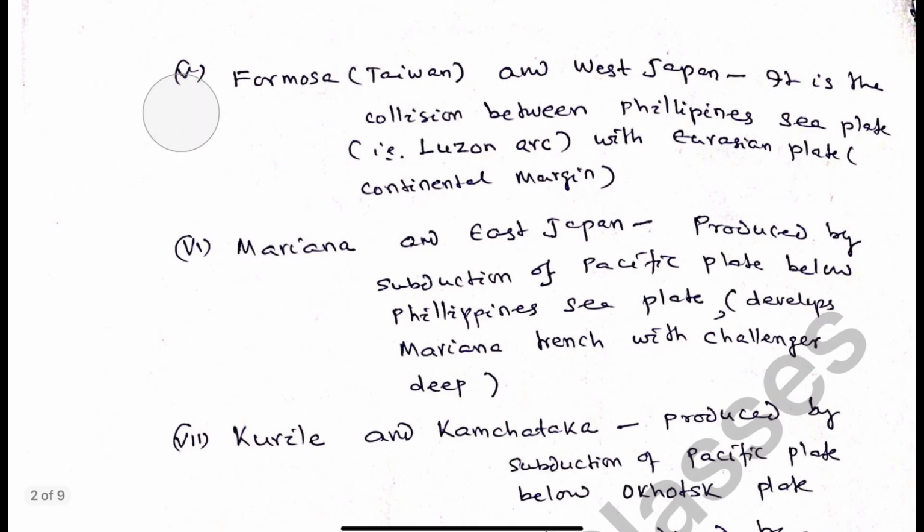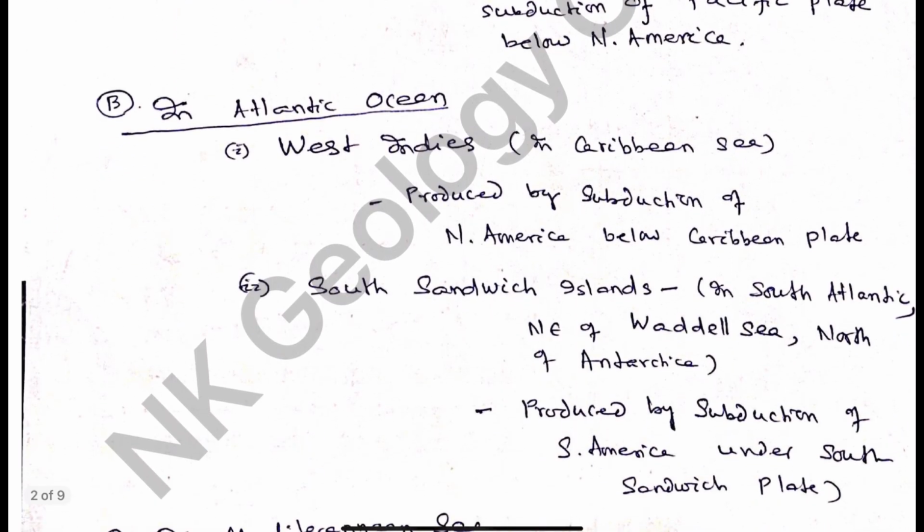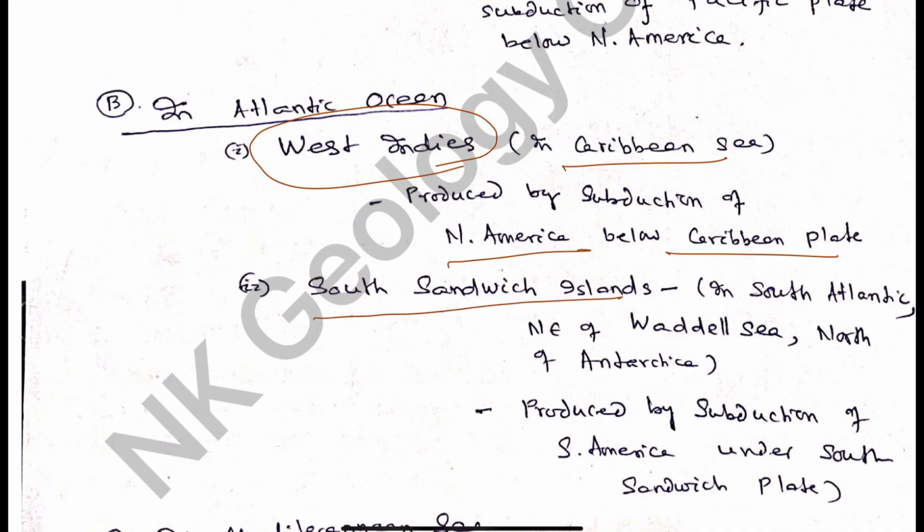Besides this, we have the island arcs in the Atlantic Ocean, which include the West Indies in the Caribbean Sea, produced by the subduction of North America below the Caribbean plate. Similarly, there is the South Sandwich Island, produced by subduction of South America under the South Sandwich plate.